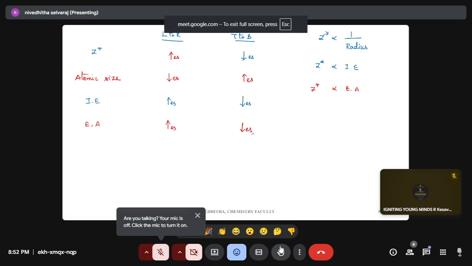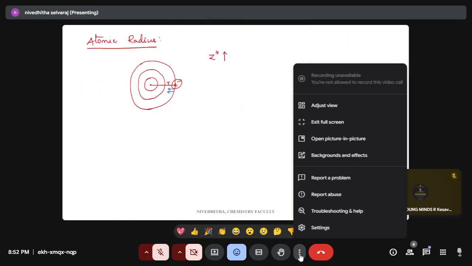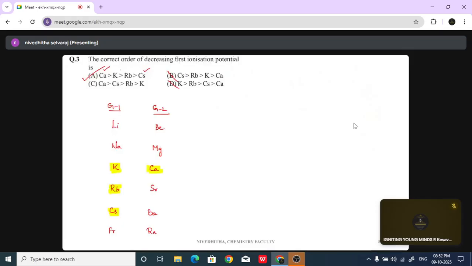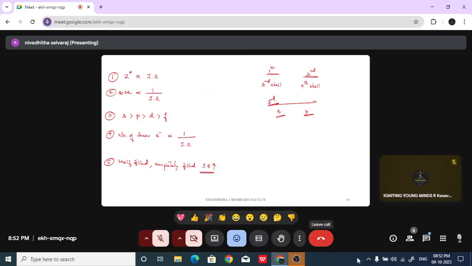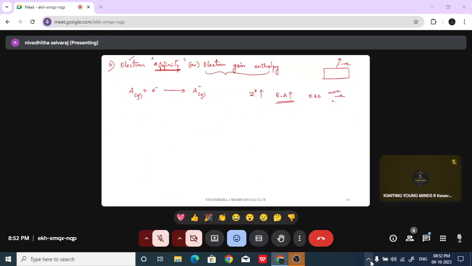Fine. Now, as with successive ionization energies, we have successive electron affinities as well. It is an isolated gaseous atom. For example, this contains 8 protons and it will have 8 electrons also, right Kana?